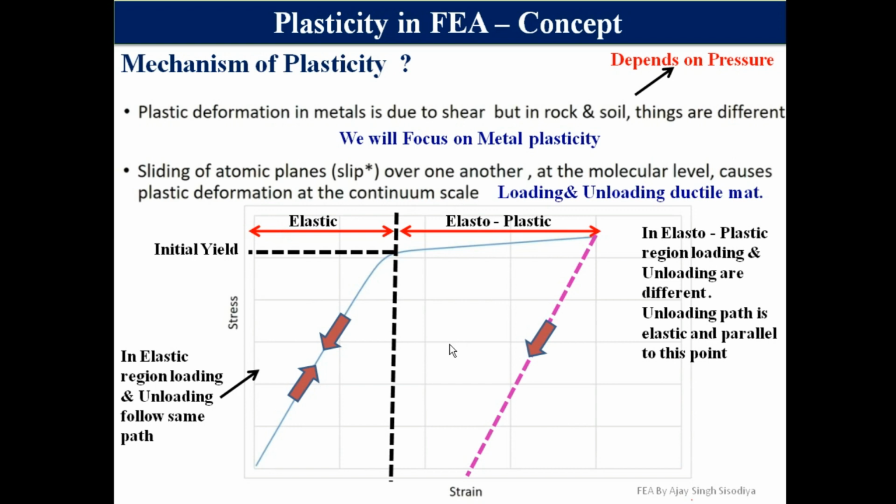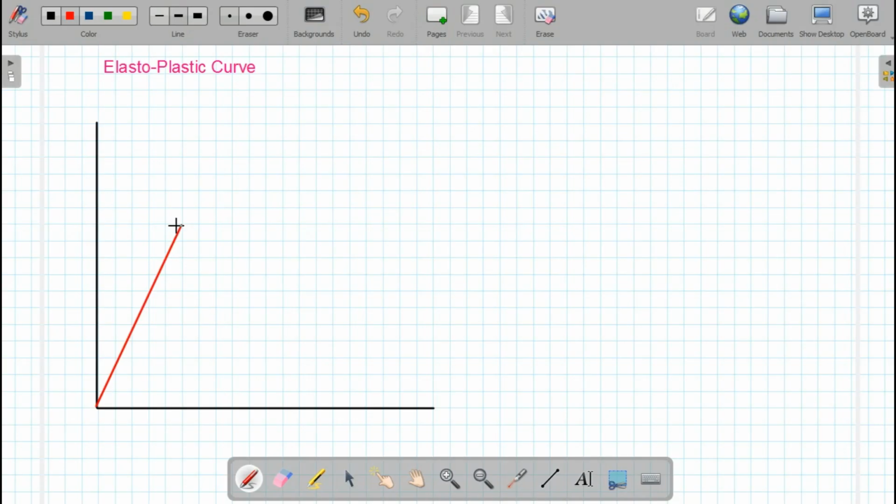Loading and unloading means you're loading the product and then you're removing the load, right? So within the elastic zone, it follows the same line. But beyond the elastic zone, in the elastoplastic region, it will follow this parallel line and just go like this. Then if you further want to load, it will start from here. That is called reloading. Okay.